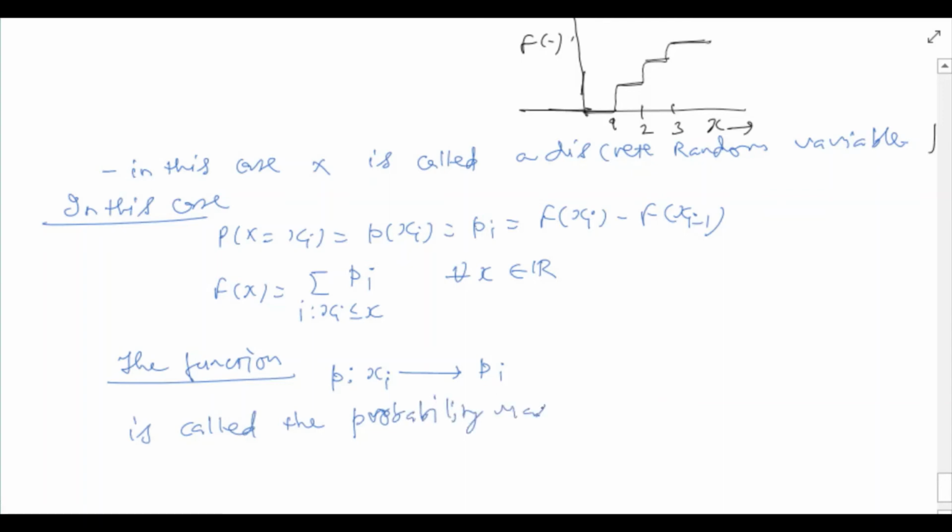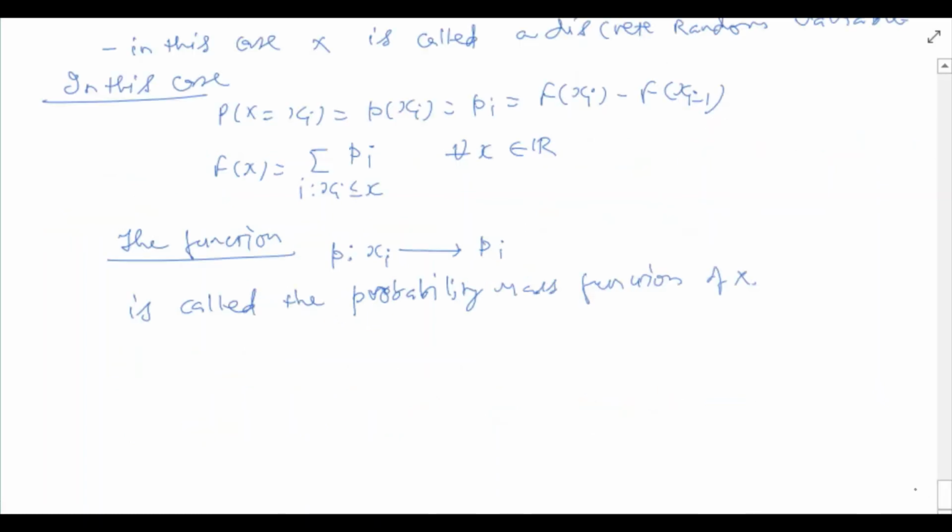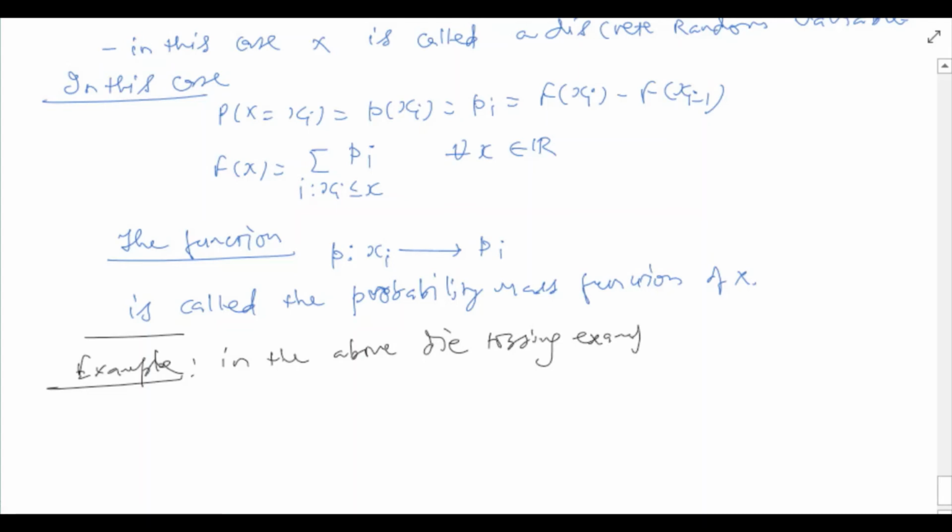For instance, in the above die tossing example, p will be a map from {1, 2, 3} to R, and p(1) equals p(2) equals p(3) is 1 by 3.